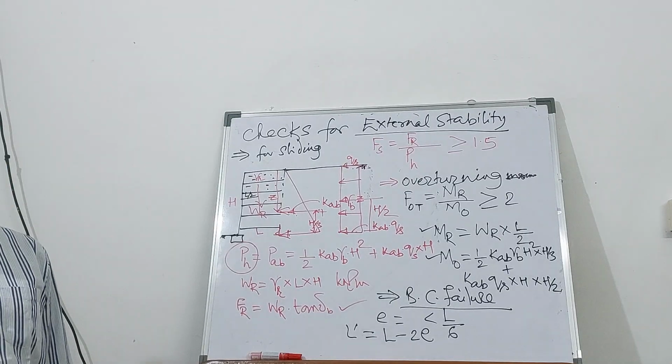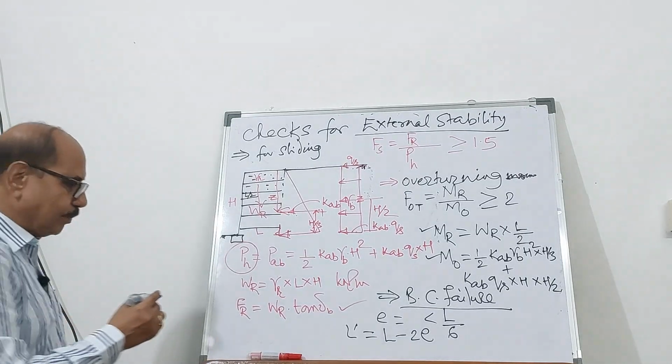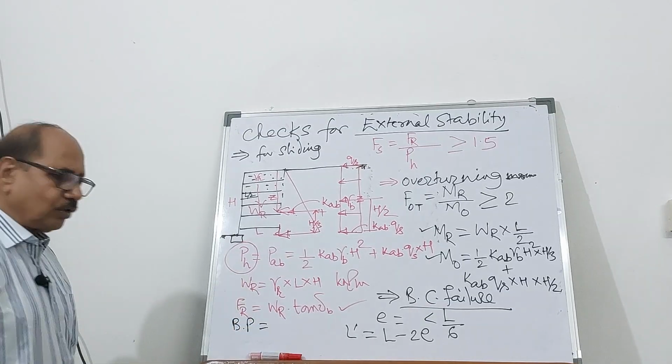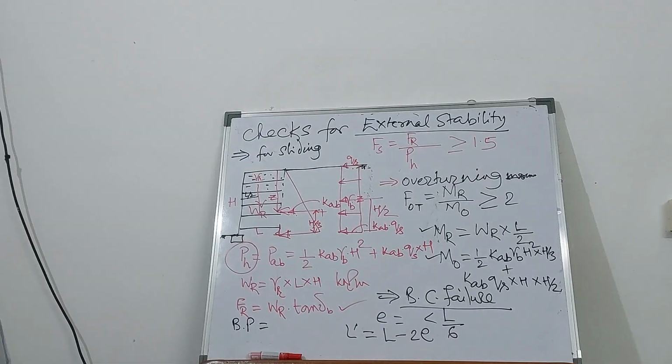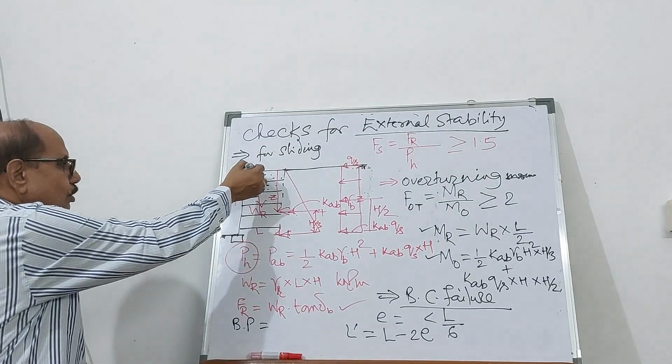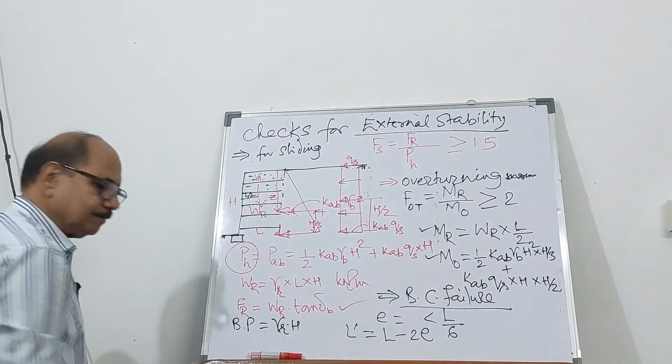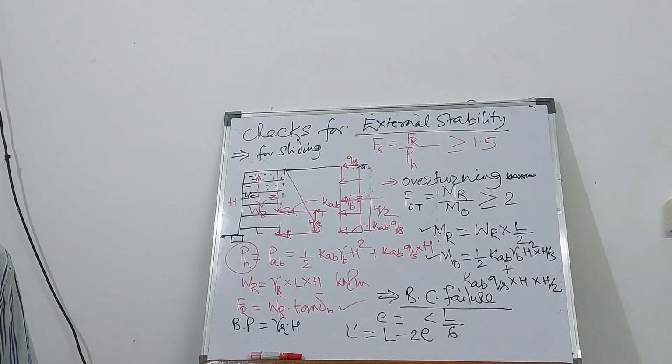And once you get this, you can find out the bearing pressure. What will be the bearing pressure? It is very simple. You already know gamma R. You know the height. So what is the height?